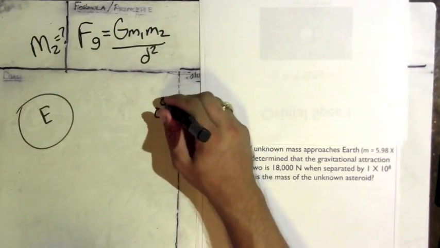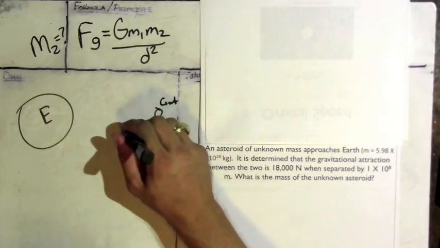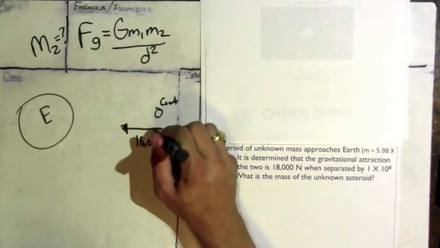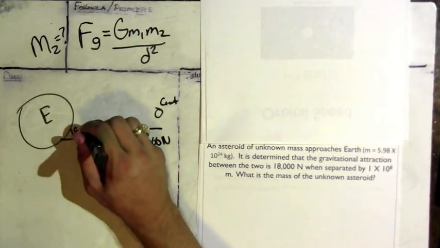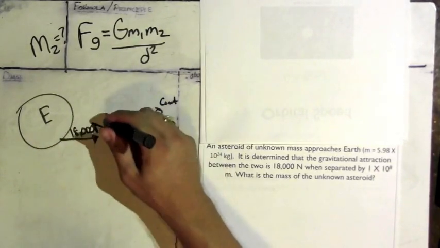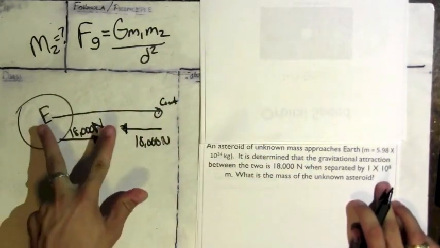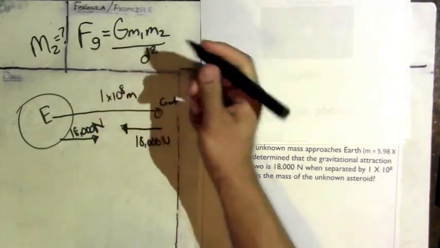I'm going to assume the comet is smaller, but you never know. There is an attractive force, because gravity is always attractive, of 18,000 newtons. And you know that they are separated. Okay, this distance is the center to center distance of 1 times 10 to the 8th meters.